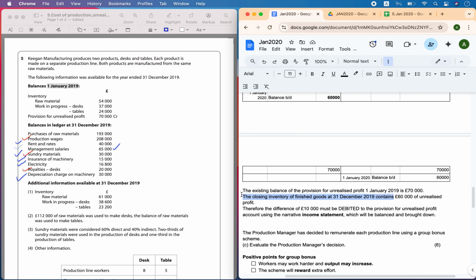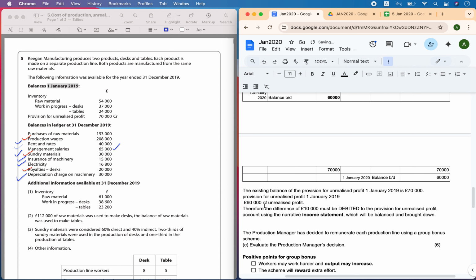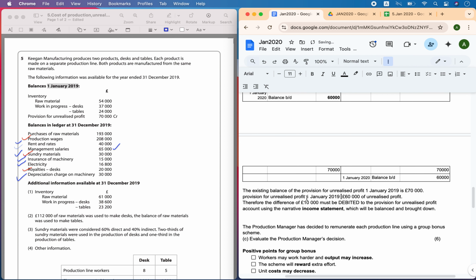Okay, so we can just write it as a simple thing. The provision for unrealized profit as on 31st December 2019 was calculated to be around 60,000, which has been calculated.